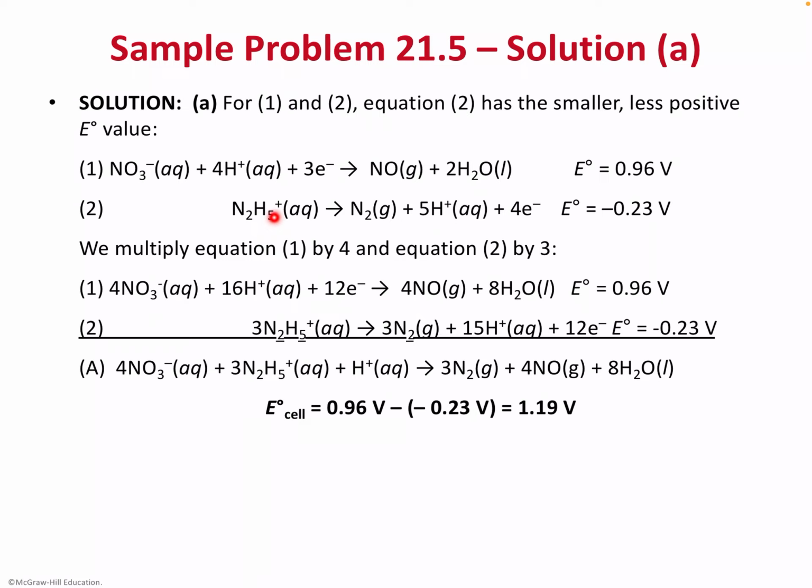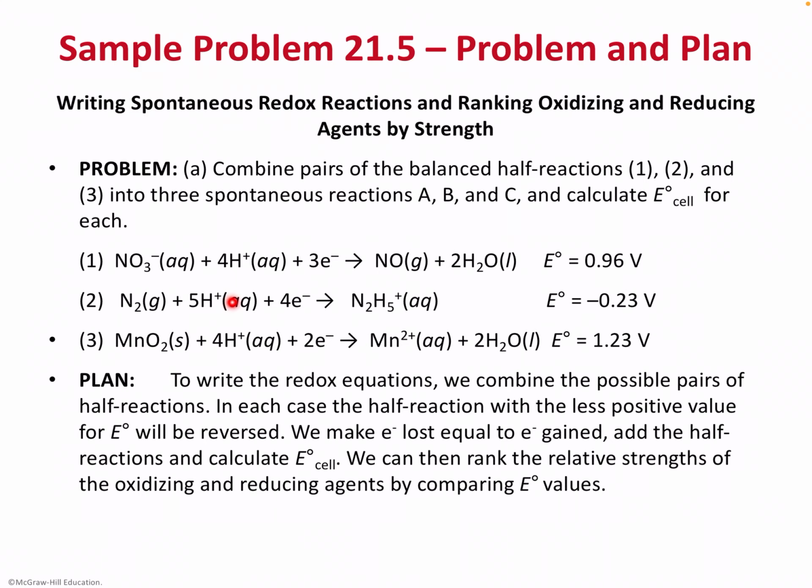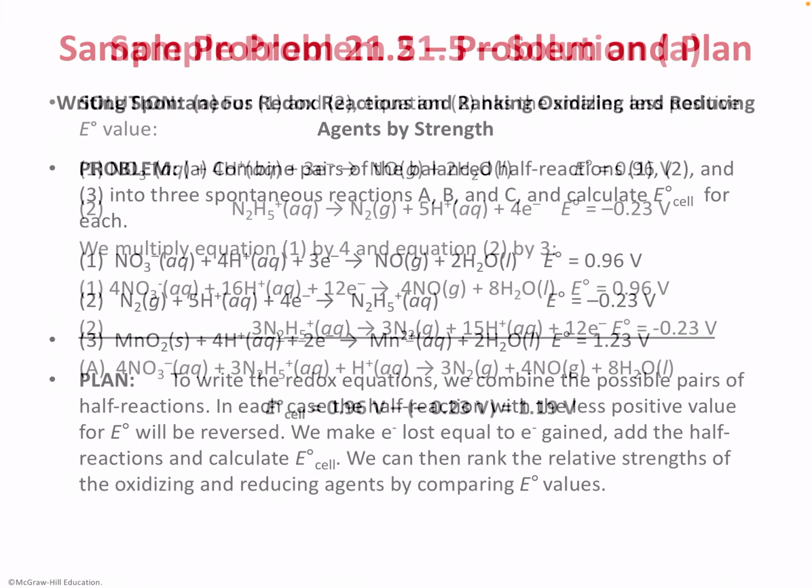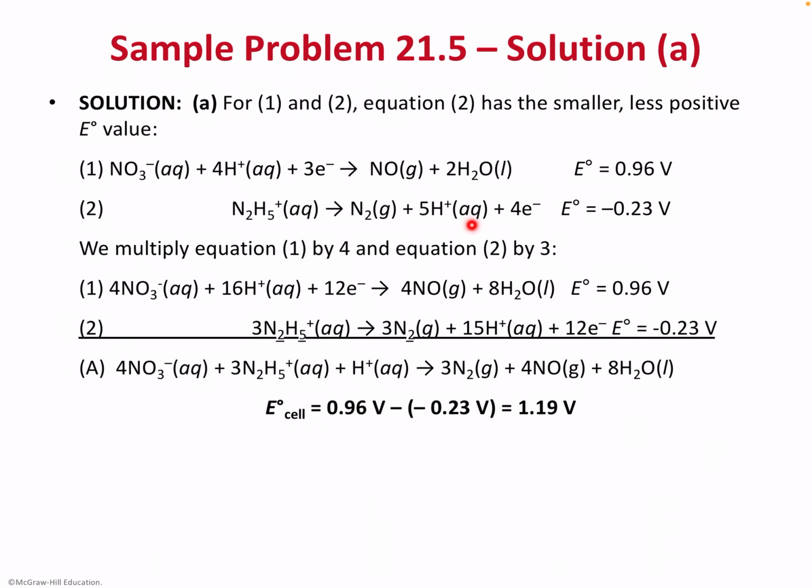N2H5 plus, you reverse this second one and write it as an oxidation. Now N2H5 plus is the reactant. But when you reverse it, you don't reverse the E naught value. And there are 4 electrons, 3 electrons. So we need to multiply this by 4, this by 3. 1 by 4 and 2 by 3.